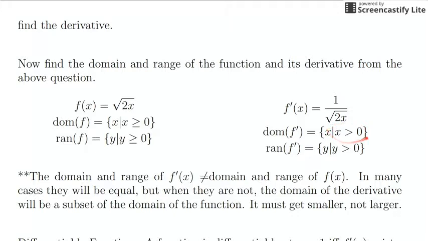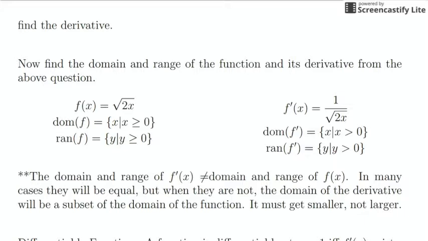But notice that the domain is now smaller than the domain of the original. That is not always going to be the case. In a lot of the questions that you'll do here, when you use first principles to get a function for the derivative, the domain of the derivative will be the same as the domain of the original. Okay, that happens quite a bit here.